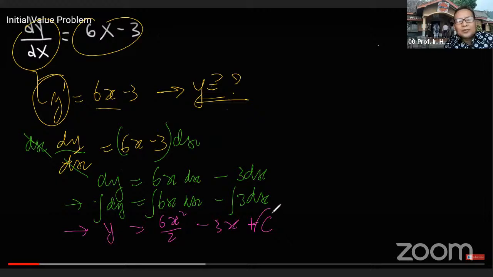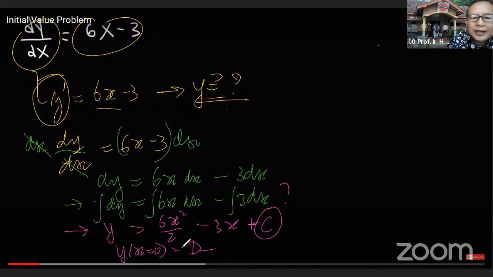So you have to find out this one, but in the problem there is a number, for example, if y equals something when x equals 0. So you have to find out that there is an initial value here. This is the initial value. That's why this problem is an initial value problem in the differential equation.